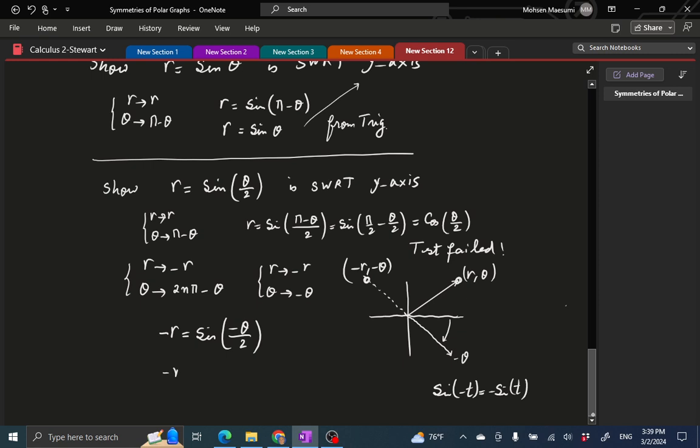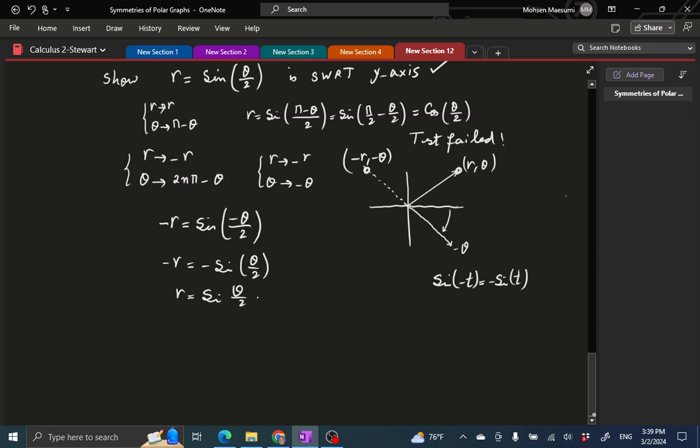This is same as saying minus r is minus sine of theta over 2. Multiplying both sides by minus, I get the original equation that I had. So we showed that this thing is in fact symmetric with respect to the y-axis.